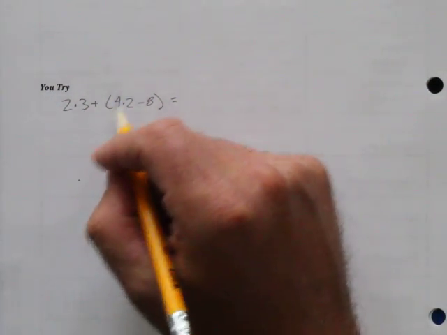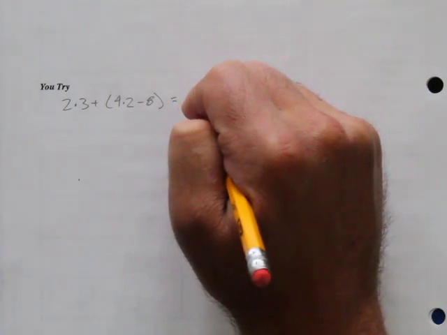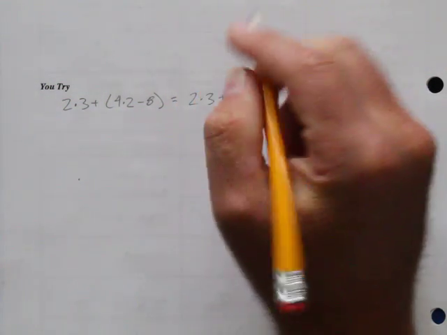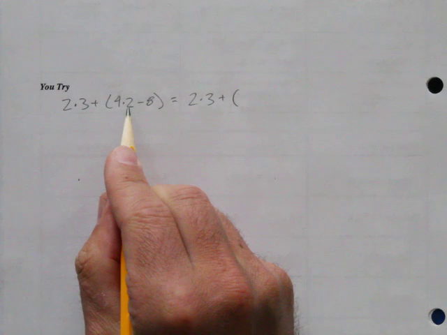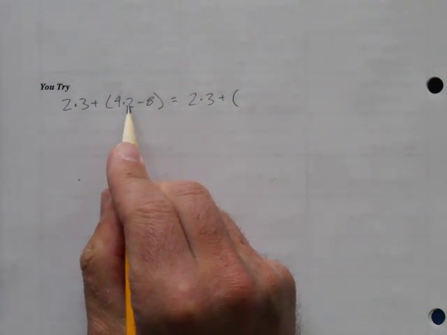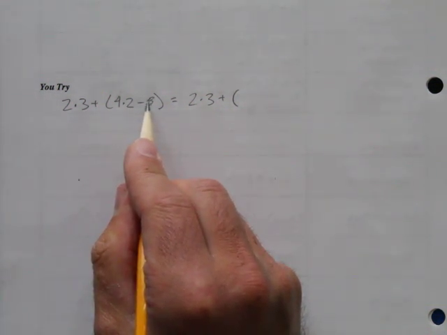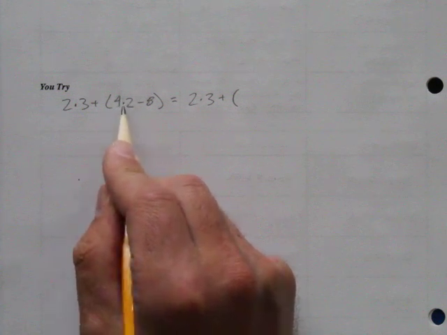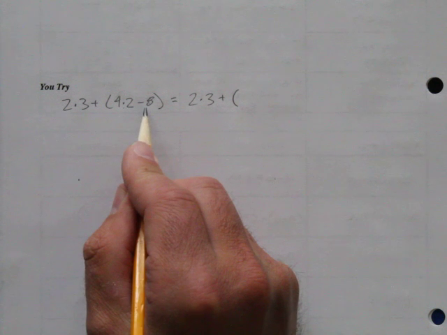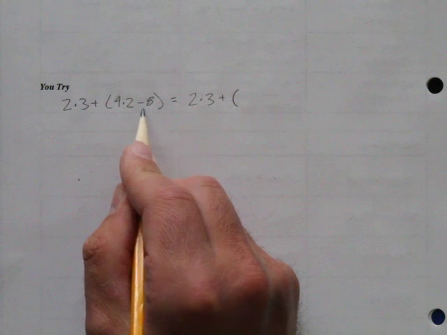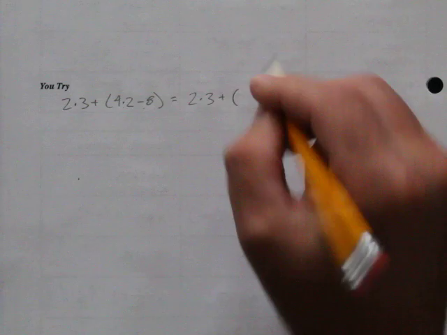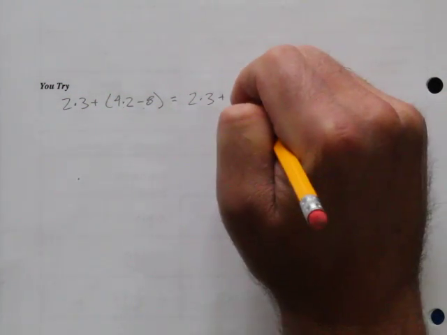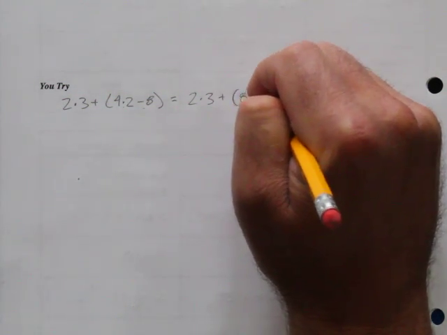Let's do the parentheses first. So I've got 2 times 3 plus. Now in the parentheses, I might be tempted to say 2 minus 8, but I need to do the multiplication first. Multiplication and then division comes before addition and subtraction. So 4 times 2 is 8, and so I've got 8 minus 8.